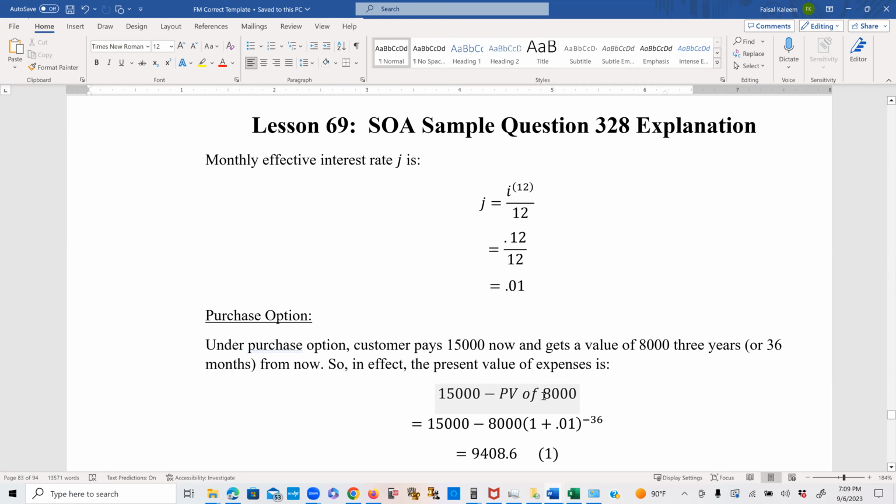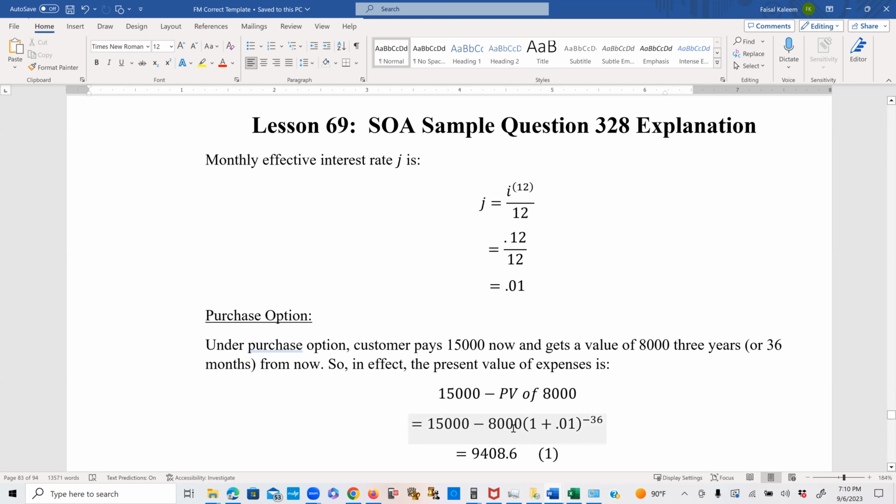So you bring it to present, and that one is taken out of your expenses because that's something which you get. So the net expenses would be the 15,000 expense now minus the present value of the 8,000, which is happening in 36 months.